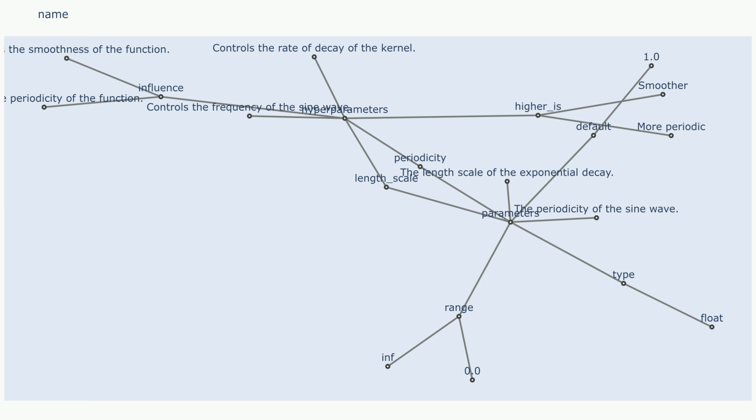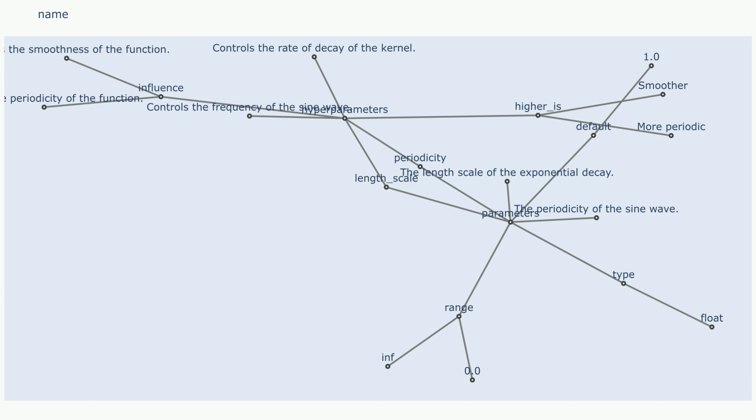In summary, the ExpSineSquared kernel is a valuable tool for modeling periodic data with scikit-learn's Gaussian process framework. Its ability to combine the smoothness of the RBF kernel with periodic oscillations makes it adaptable to various applications, especially in time series analysis and modeling systems with periodic behavior.